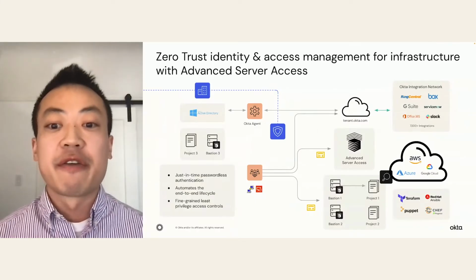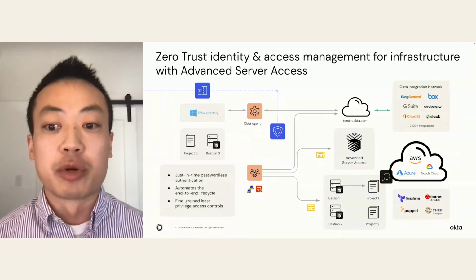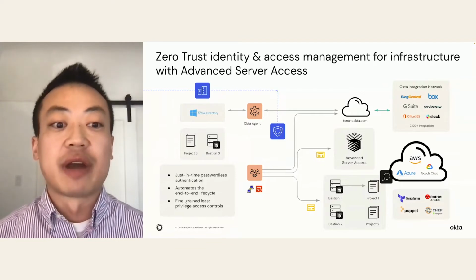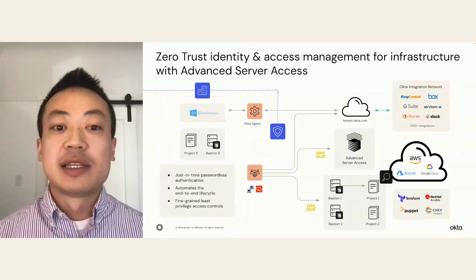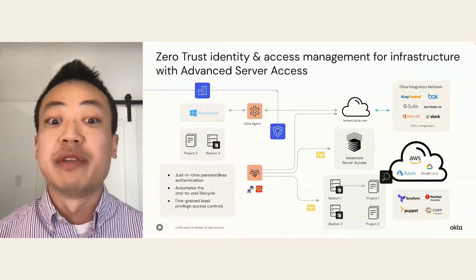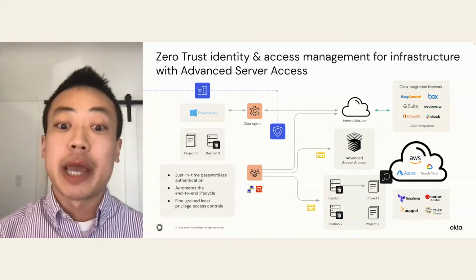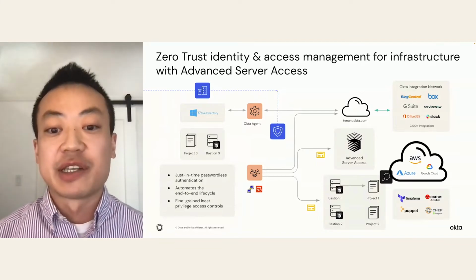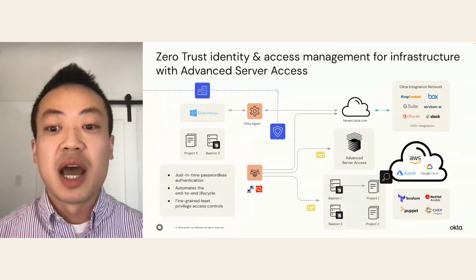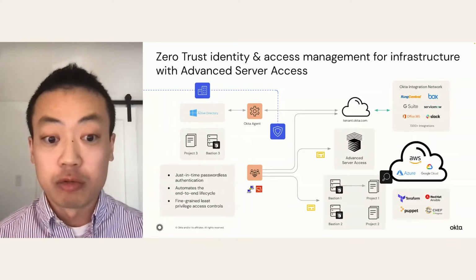So compared with legacy infrastructure operations, Advanced Server Access delivers a more dynamic and least privileged model, right? For instance, instead of having shared accounts, Advanced Server Access enables role-based and attribute-based access control.